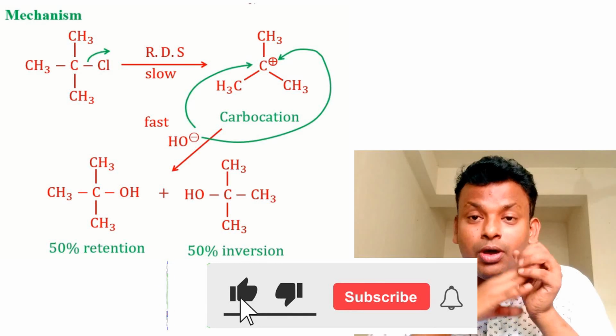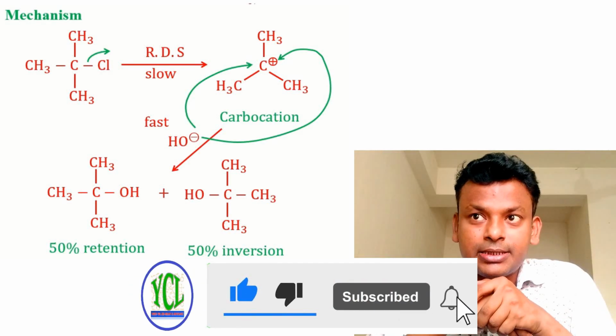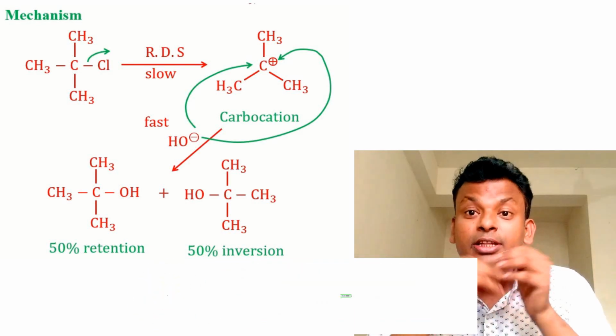This step is slow and is the rate determining step, and forms a carbocation, a 3 degree carbocation.